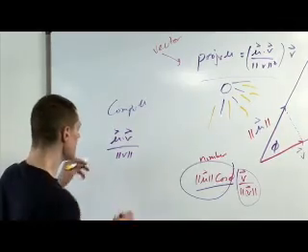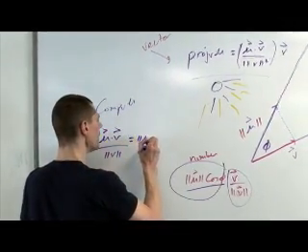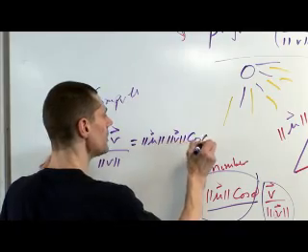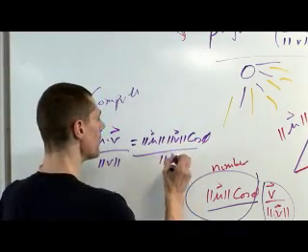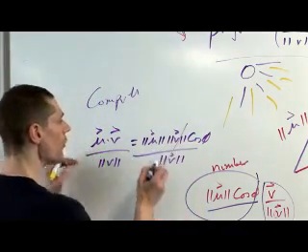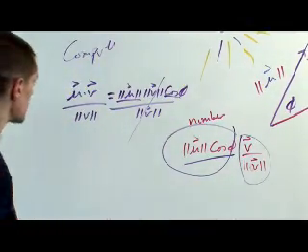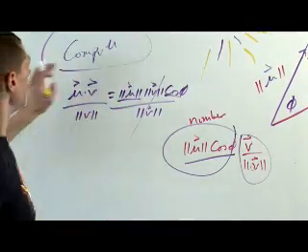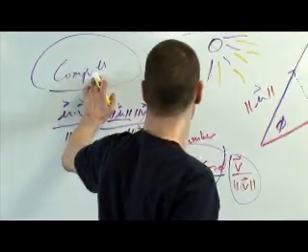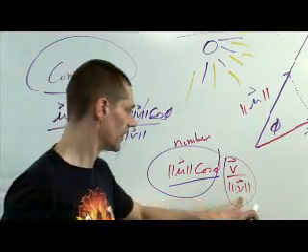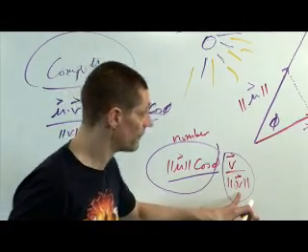Let's just see what this is. u dot v is the norm of u times the norm of v times cosine theta, divided by the norm of v. This cancels out. What do we get? We get the norm of u cosine theta. It's right there. So the component of u on v is the scalar in front of the unit vector in the general direction of v.